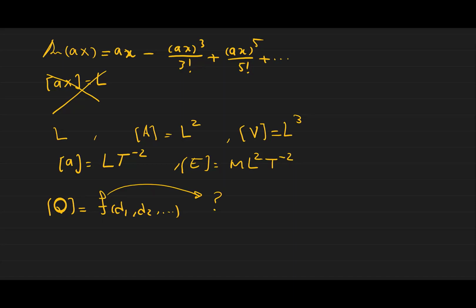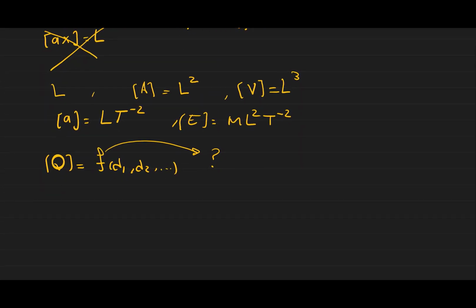Let's consider, for simplicity, that q only depends on one dimension. For example, its dimension depends on one dimension, for example, length L. We want to know the functional form of f on L.